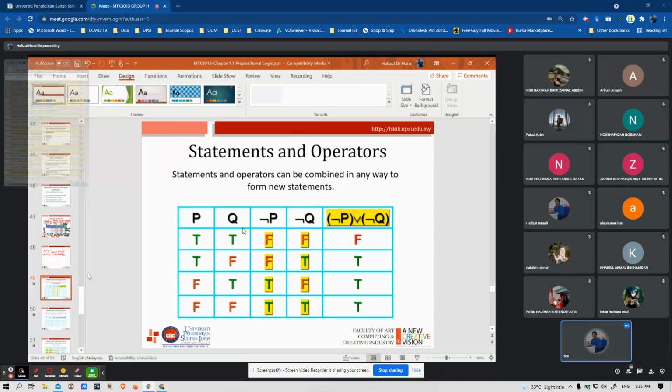Okay, this one is statement and operator. Statements and operators can be combined together in a way that they form a new statement. For this one, 2 power of 0, 2 power of 1, and then we have negate P and negate Q. Both have the false values, false, false and false, true, and so on.